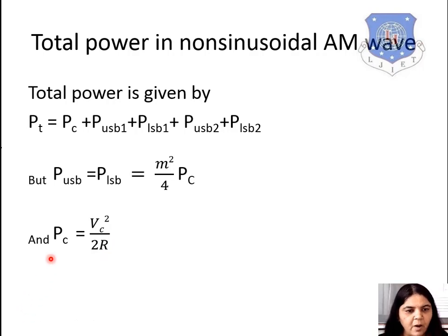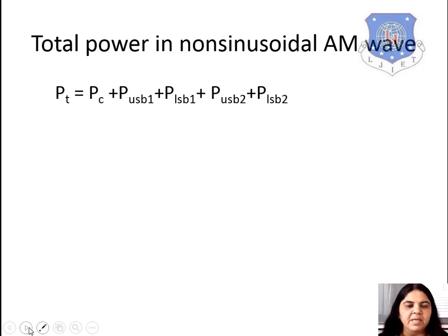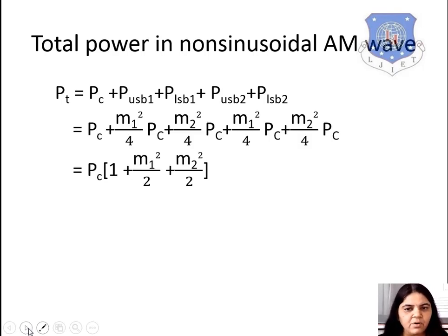So now we are putting all the values inside this equation, that is PT is equal to PC plus PUSB1 plus PLSB1 plus PUSB2 plus PLSB2. So it is PC plus M1 square by 4 PC plus M2 square by 4 PC plus M1 square by 4 PC plus M2 square by 4 PC.